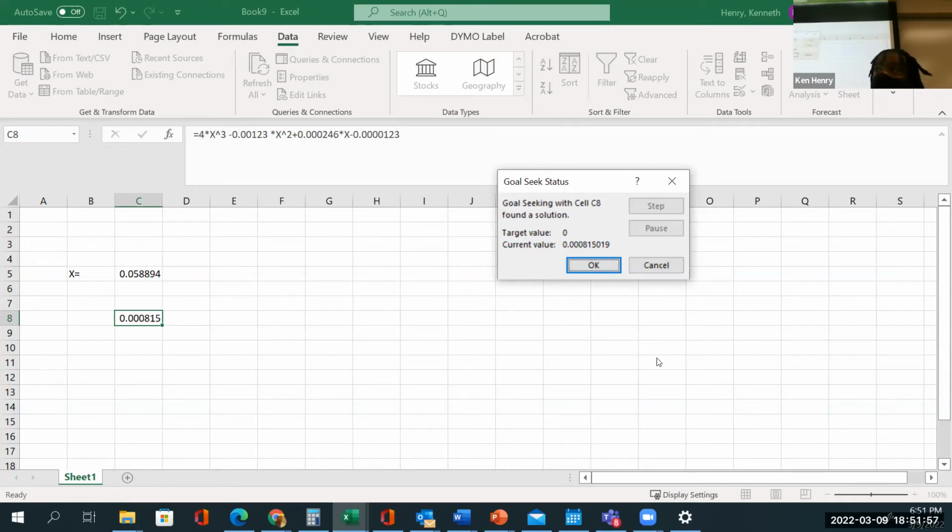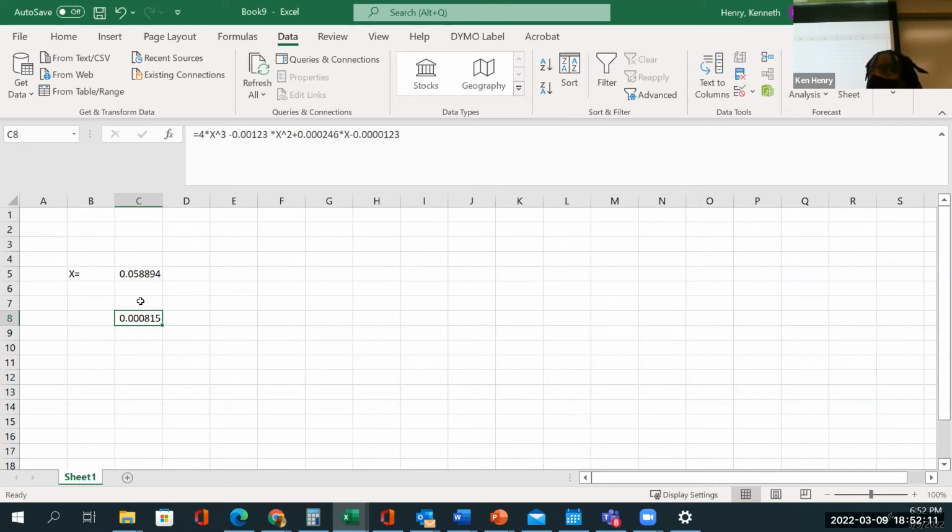I think it already did it. Okay, so the value that it got is 0.058889, and that's going to get us 0.0008.